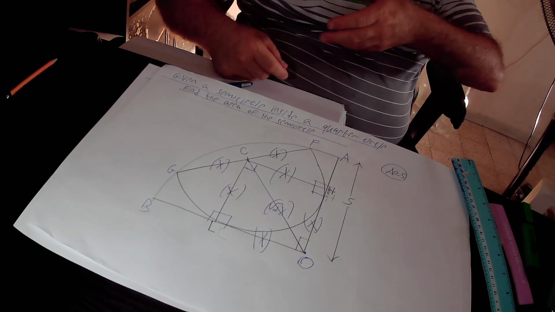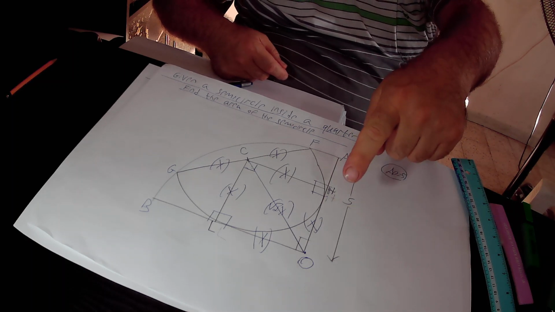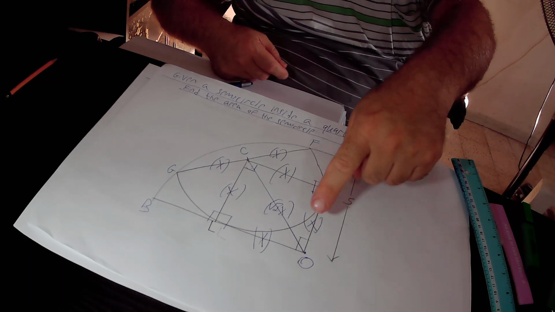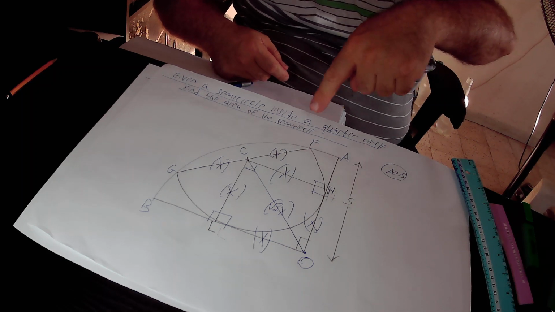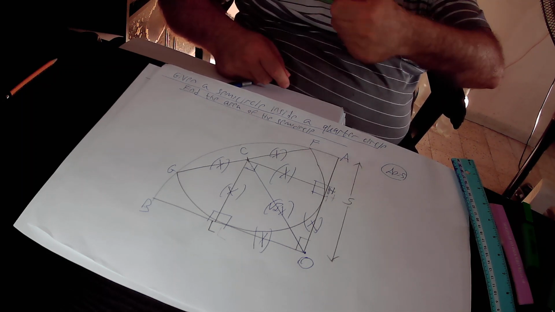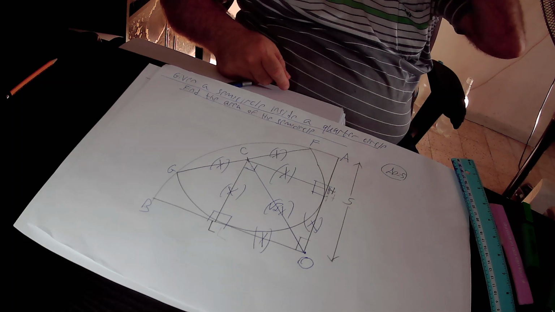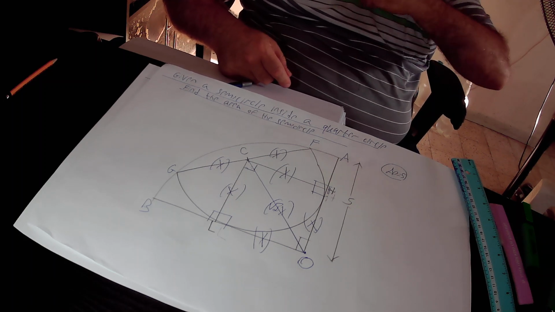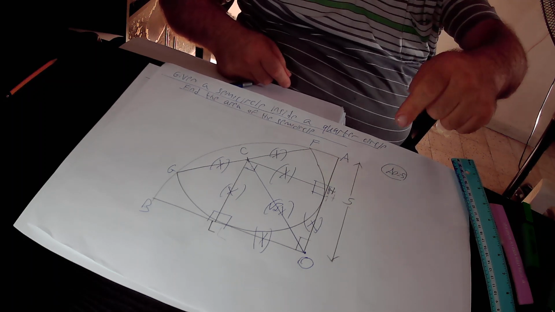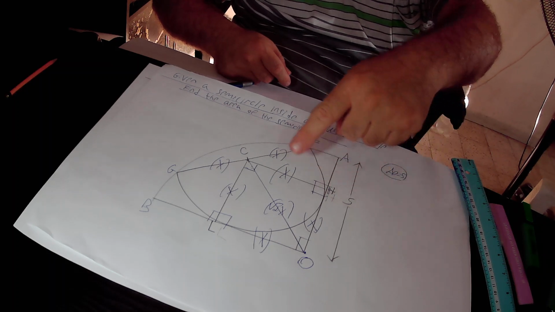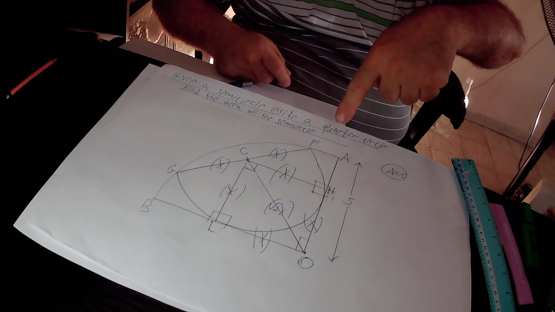Why? Because in our drawing, from the center of the quarter circle, that is from point O, we have line segment OC that bisects chord FG. So all the requirements for rule 7 are satisfied, and therefore we can implement rule 7 here. According to rule 7, line segment OC will also be perpendicular to chord FG.